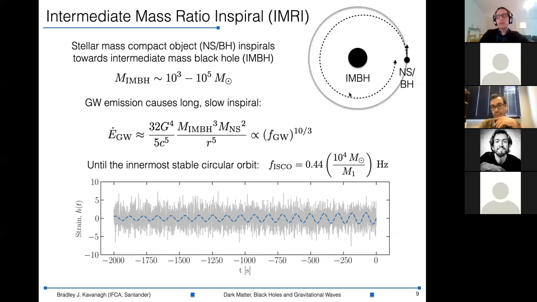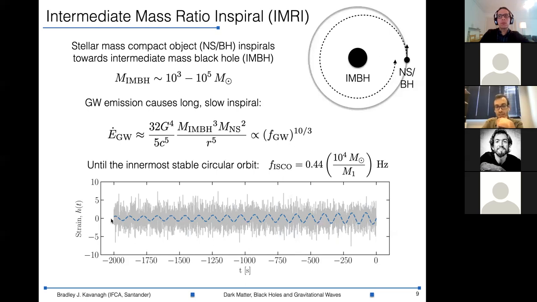If these systems are out there, then what would you observe in the gravitational waves that they emit? As this orbit continues, energy will be lost through gravitational waves, which means that the system will start to spiral inwards, and that in turn will increase the frequency of the gravitational waves that are emitted, because the orbital frequency will increase.